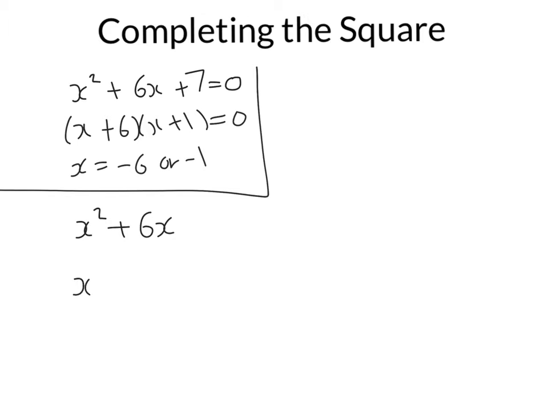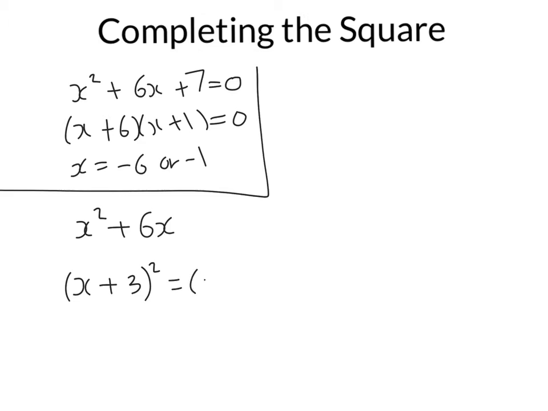If we looked at x plus 3 squared, so where did that come from? I'm just halving the 6 to get 3. That would give you, if you expand it out, the same as this here. They would be equal to each other. Or would they? Well, let's expand this out.